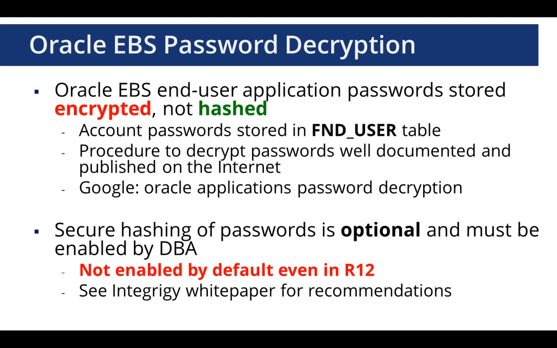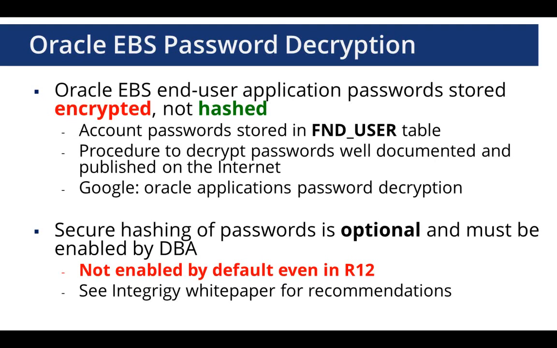By default, those passwords are encrypted, not hashed. When something's encrypted, there's an encryption key and I can reverse the encryption, decrypt it, and get the password back. Hashing is a one-way procedure. If I hash it, I can never get back the original value. I can test it by hashing another value and seeing if those hashes match.